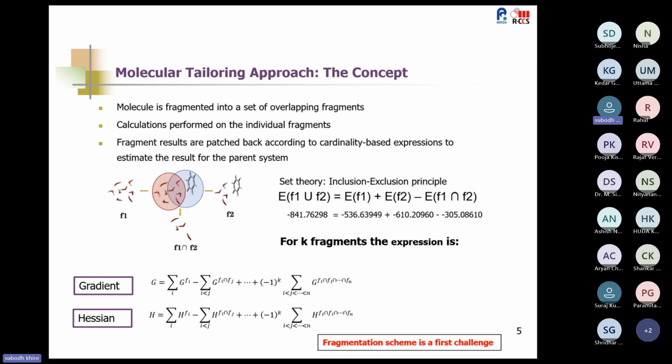And we are using the set inclusion-exclusion principle: the energy of the union of two sets is the value of one set plus another minus the intersection. And you can see the energy of the whole molecular cluster is the energy of fragment 1 plus the energy of fragment 2 minus the intersection.